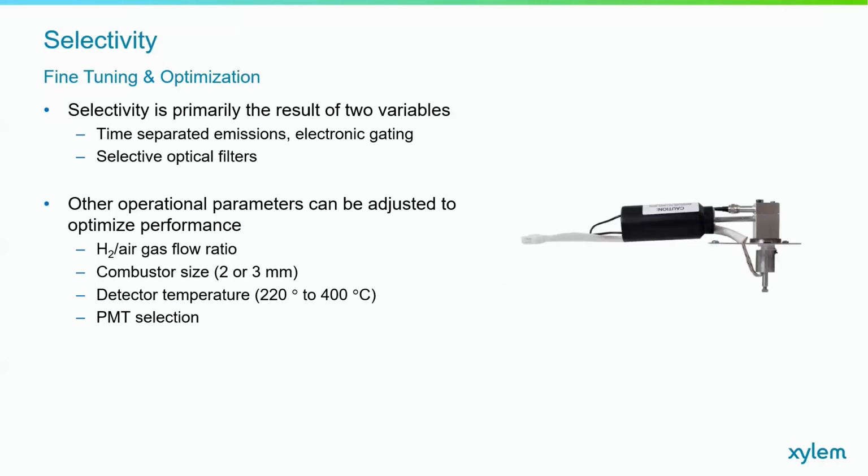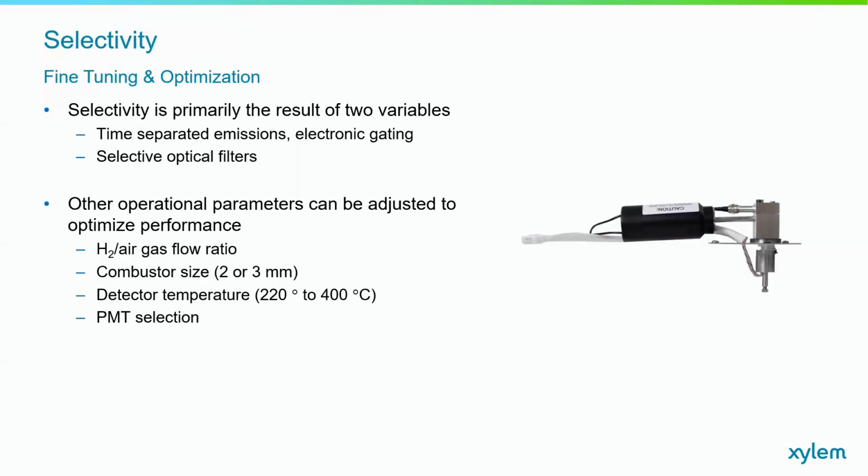Selectivity on the PFPD is primarily the result of two variables, our time-separated emissions and our electronic gating, but also our selective optical filters, which we haven't really talked about. I have another slide that shows which optical filters are used, but here in the notes I have that a BG12 broadband optical filter is used for sulfur, and then a GG495 broadband filter for phosphorus.